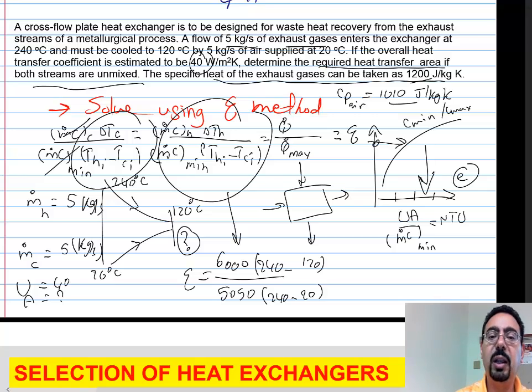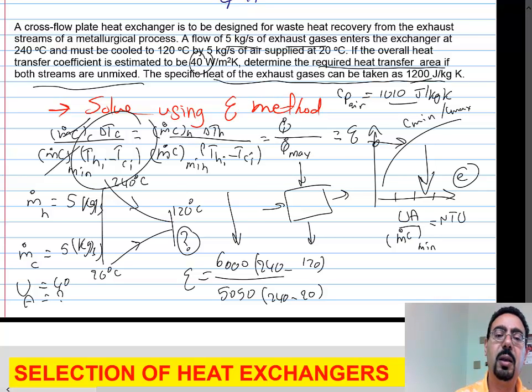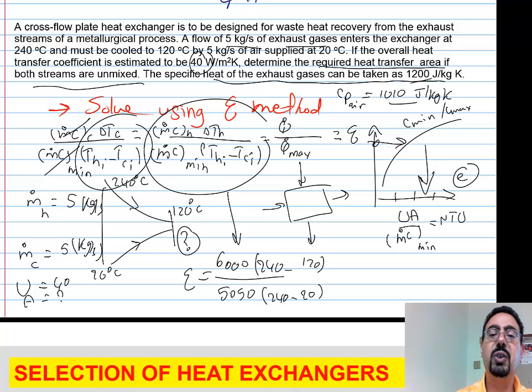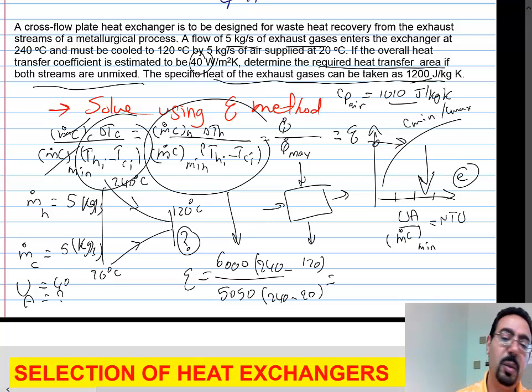You can calculate the effectiveness from either one of them, right? But if you calculate it from this, you will have to get T cold out. If you calculate it from this, you already have the delta T hot. Alright, so we know the epsilon. It turned out to be 0.6. Okay? C minimum and C max, we got it.